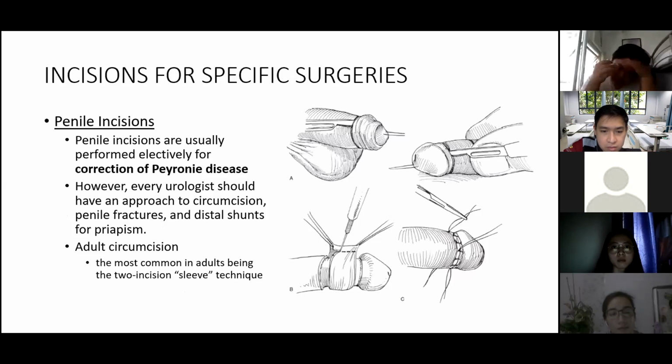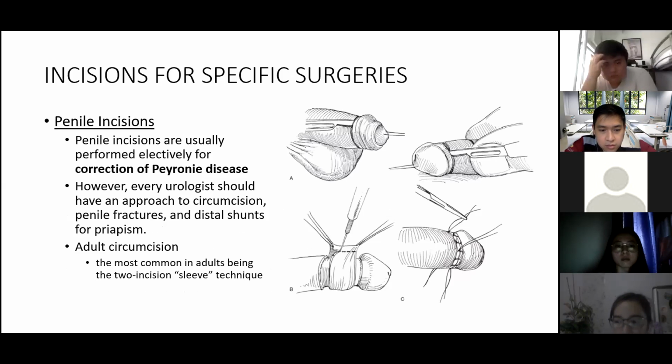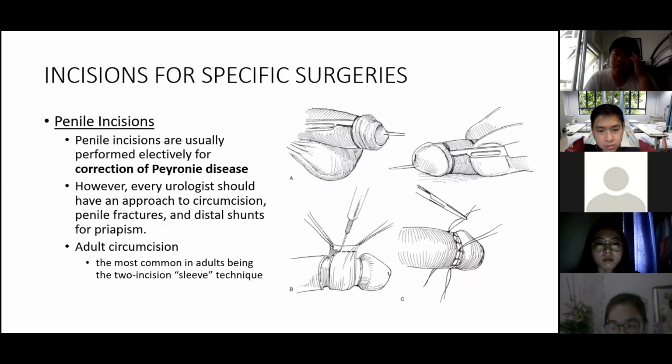Next are penile incisions. Penile incisions are usually performed electively for correction of Peyronie's disease, a condition where fibrous scar tissue develops on the penis, causing a curved and painful erection.